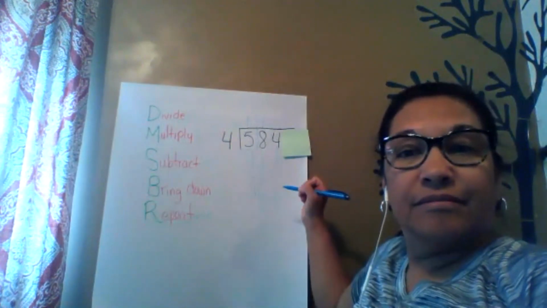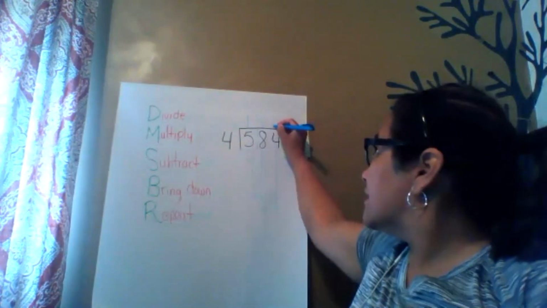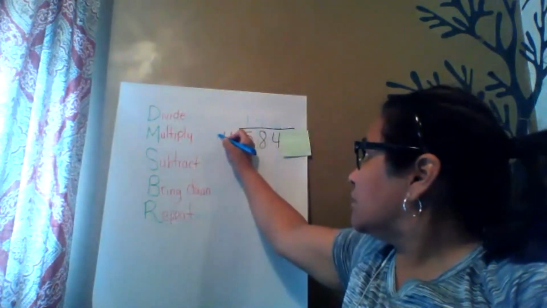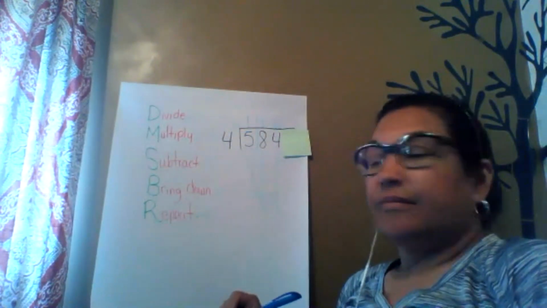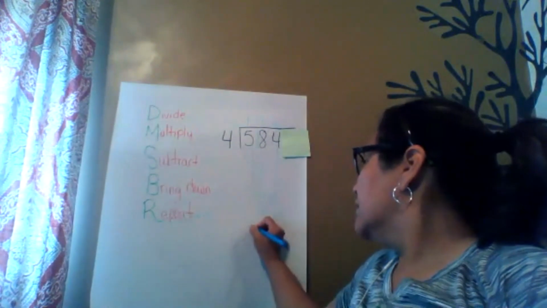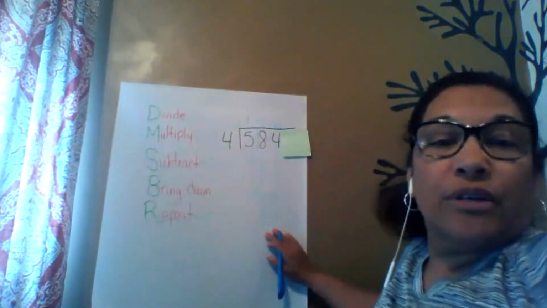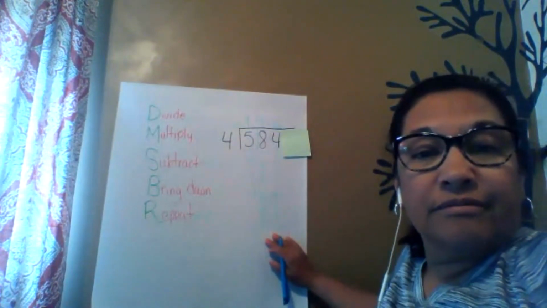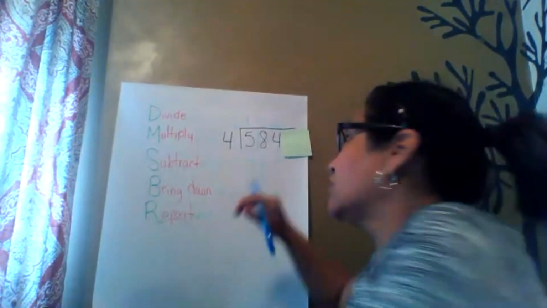Anybody? 6. Good job, guys. Now we multiply. 6 times 4 is 24. Good. What's our next step? Subtract. 24 take away 24. Good. 0. Good job, Diver, AJ.